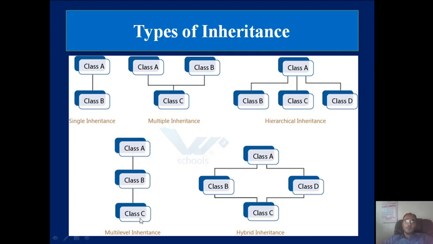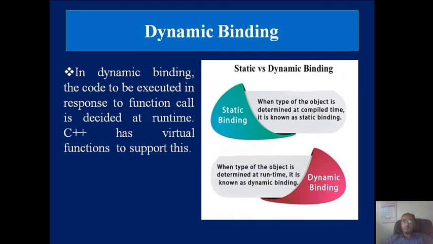So the child will have properties inherited from class B, which is the parent, and also class A, which is the grandparent. That hierarchy is known as multi-level inheritance, and the combination of hierarchical inheritance as well as multiple inheritance is known as hybrid inheritance. How to write code and make use of all these types of inheritance is going to be covered in the upcoming units dealing with inheritance.